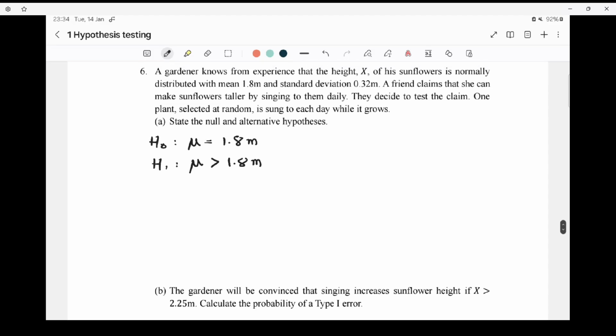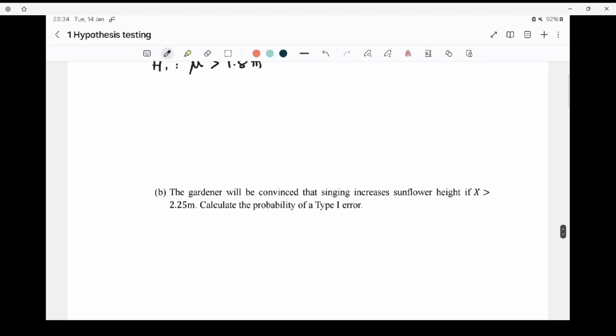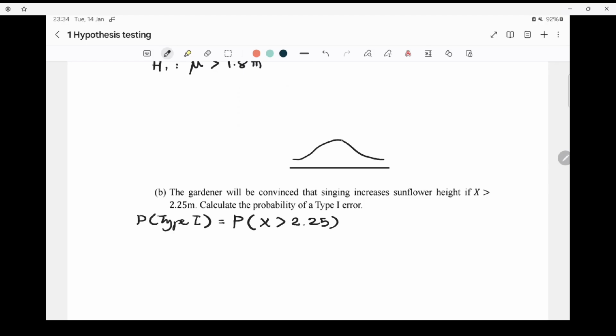In this particular case, they did not tell you the significance level. So your type 1 probability will be just the probability of x greater than 2.25, because this is a continuous distribution.